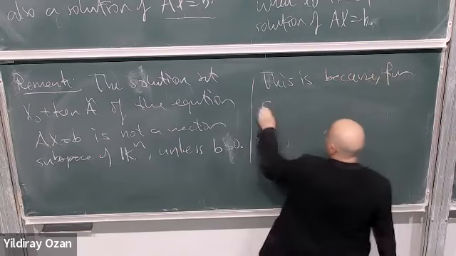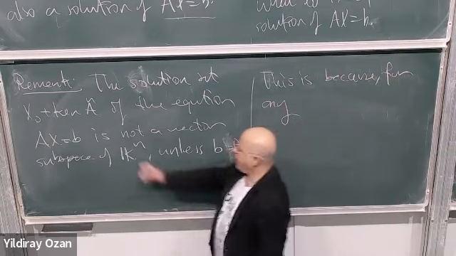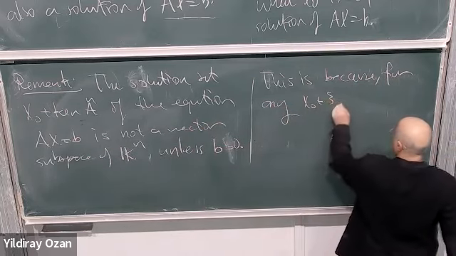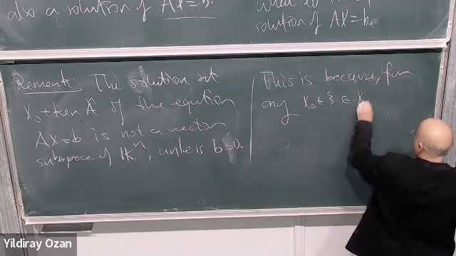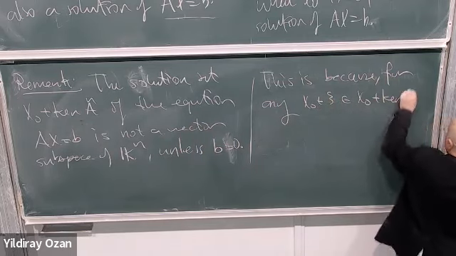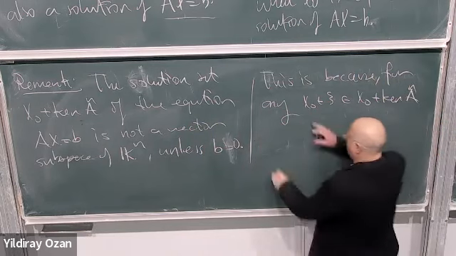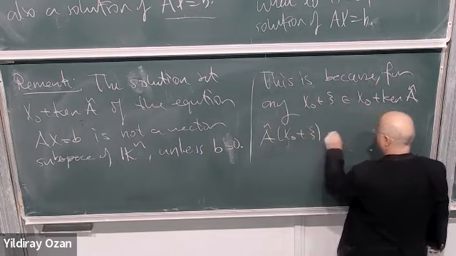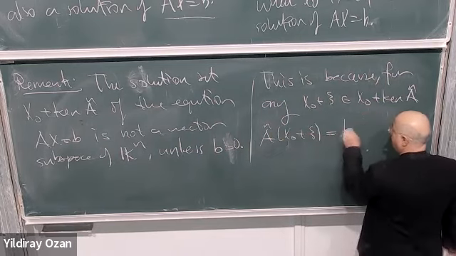This is because for any element x0 plus c in x0 plus kernel of A, A times (x0 plus c) is what? This is b.